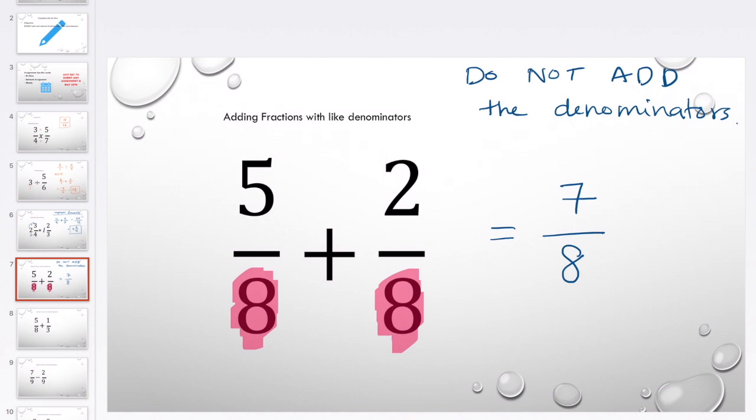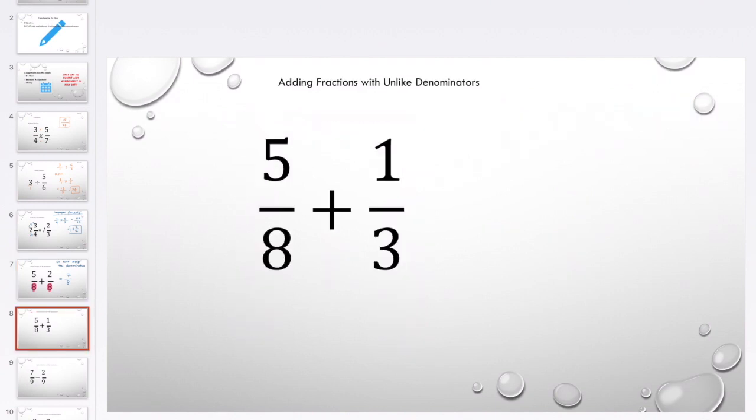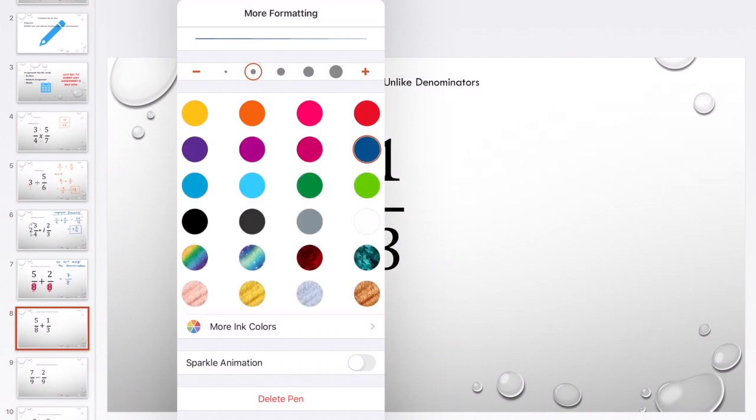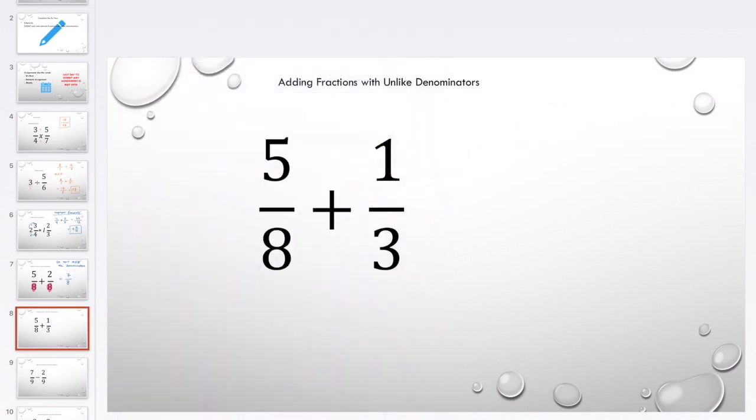Alright, let's see 2 fractions that have different denominators. Now we see that we have 8 and 3. There's nothing common between them two. So I will have to find a common denominator in order to add these fractions.